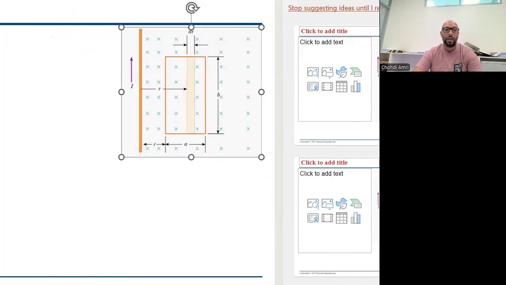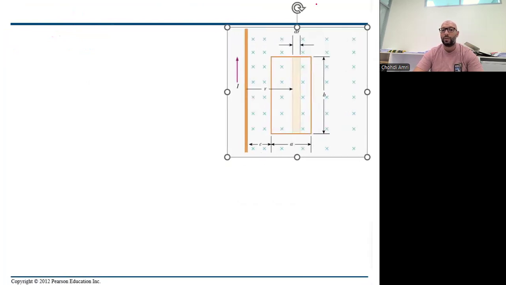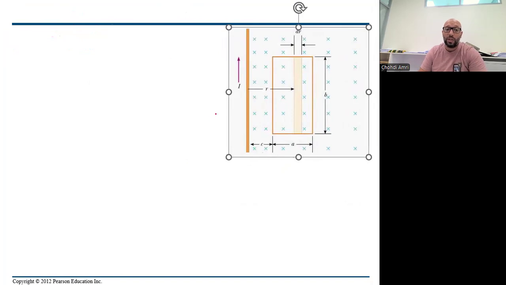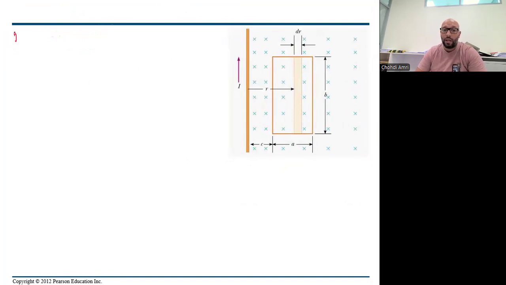This is our figure. At first, the magnetic field is produced by what? The magnetic field is produced by the very long wire. So it's going to be mu naught I over 2 pi r, where r is the distance from the wire to the point P. Let's say our point P is here.